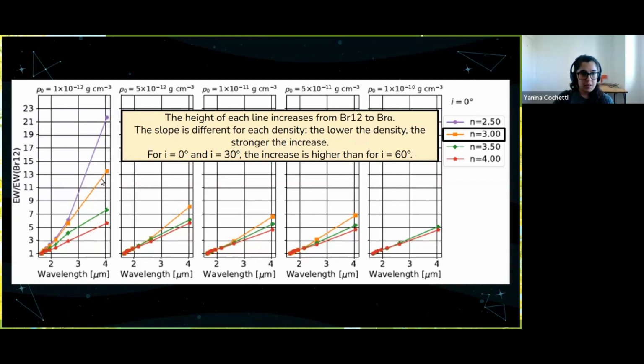You can see that here the increase is much steeper than here. And for lower inclinations, the increase is also higher than for the highest inclination that we use, that is 60 degrees.